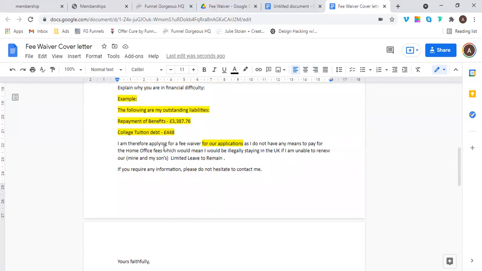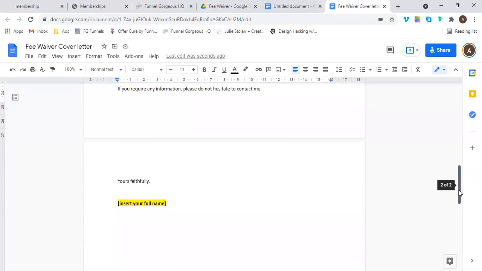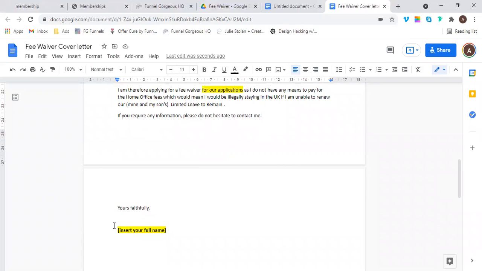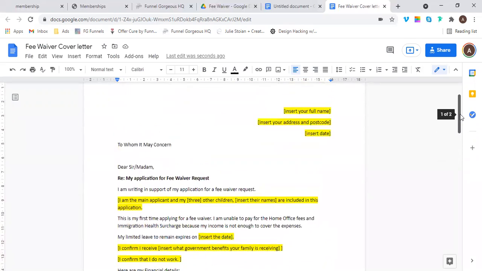It says, I'm therefore applying for a fee waiver as I do not have any means to pay for the Home Office fees, which would mean I would be illegally staying in the UK if I'm unable to renew our limited leave to remain. If you require further information, that's all. That's all you have to do for the letter. So it doesn't have to be extremely long.